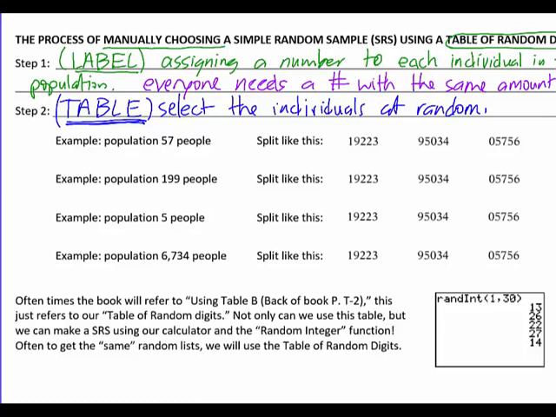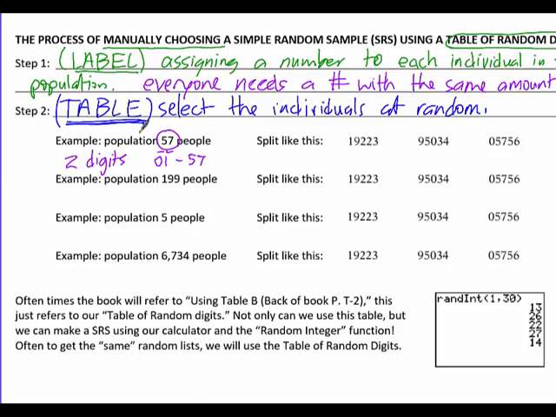So down below we have 4 examples to get a grasp on labeling and tabling. The first example, our population is 57 people. Now 57 people has 2 digits. If that's everybody, we need to label them in a manner that gives everyone a 2-digit number. And so I would do that by starting with 01 for the first person, 02, 03, 04, and I go all the way up to 57.